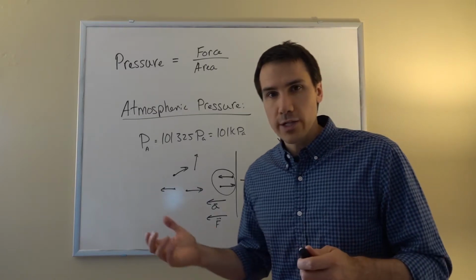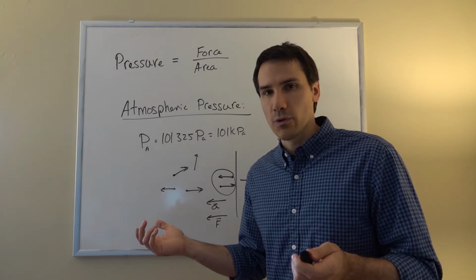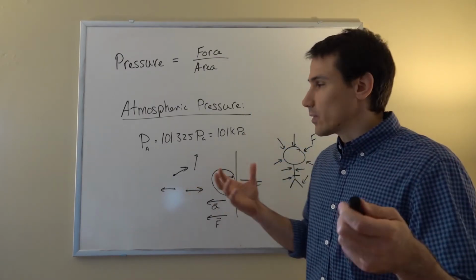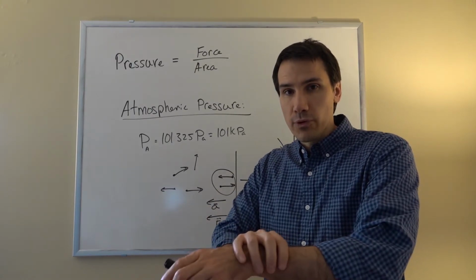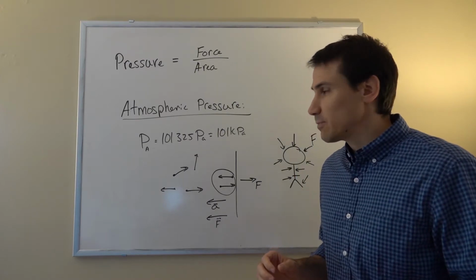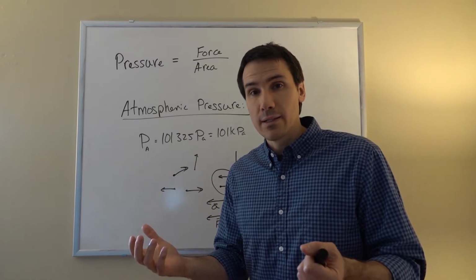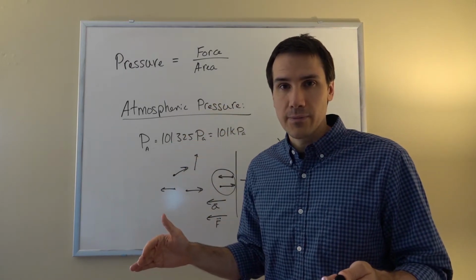And you can also change the amount of pressure that you feel if you, for example, jump into a swimming pool or jump into a lake. You'll notice if you dive down into a lake that you feel more pressure. You feel more force pushing in on you. That's because the pressure is increasing, and we'll see why as you move down in a lake, right?